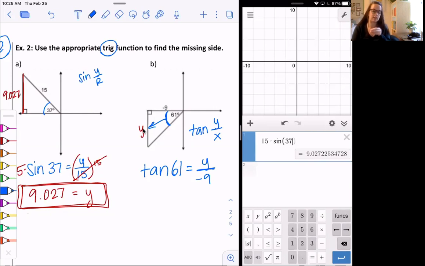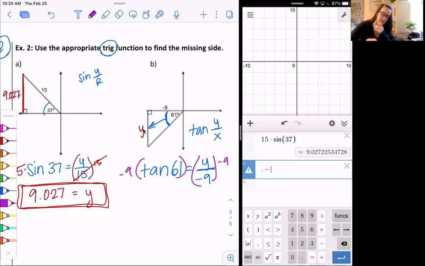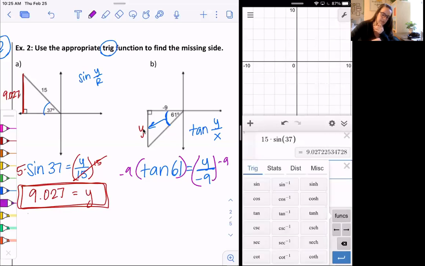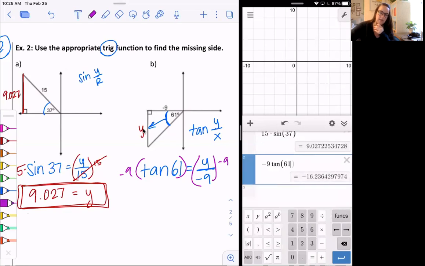So I'm going to go ahead and multiply by -9. Here I have -9 times tangent 61. Notice it's going to give me that negative answer there. So I would have y equals -16.236.